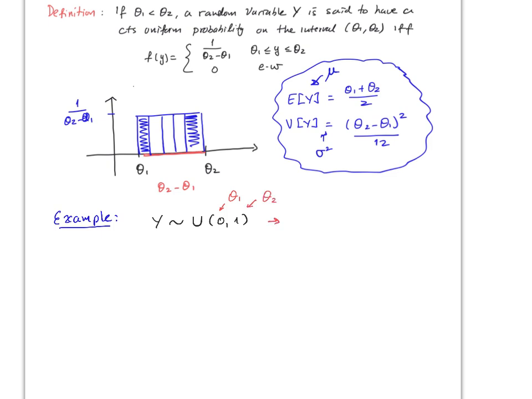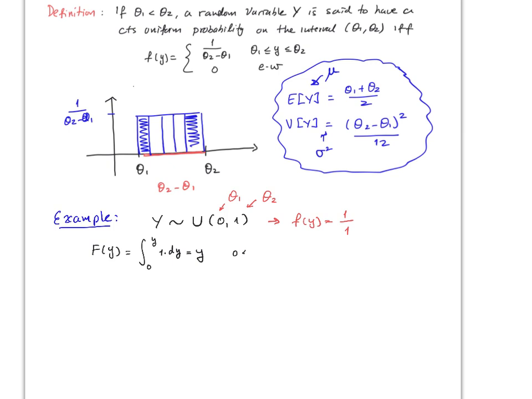So this automatically implies that the density function is going to be 1 over 1, which is the most basic thing you can have. So therefore you want to find F(y). This is going to be the integral from 0 to y of just 1 dy, which technically is just equal to y.